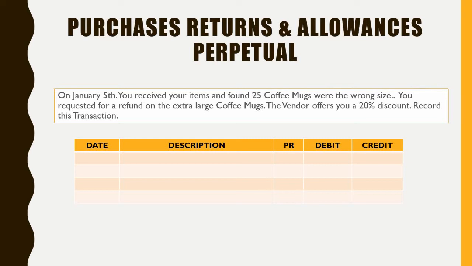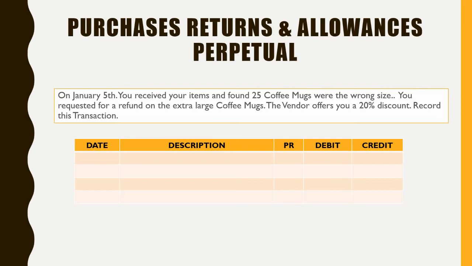Once again, maybe it's a special edition, a limited time offer only, these extra large coffee mugs. And the vendor also gives you a generous 20% discount to make up for their mistake. So let's go ahead and record this transaction.